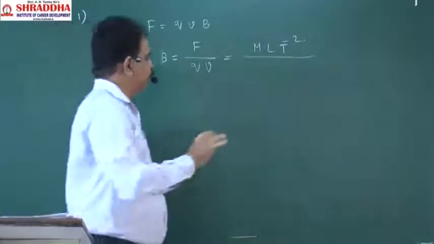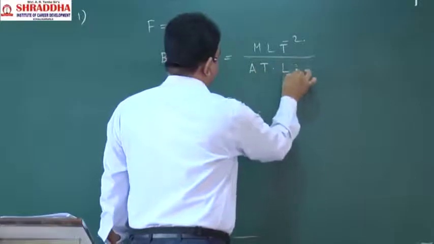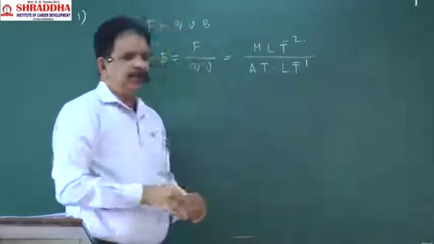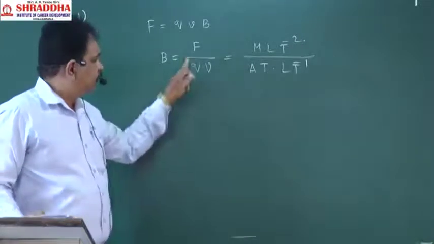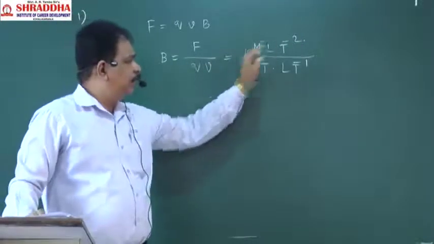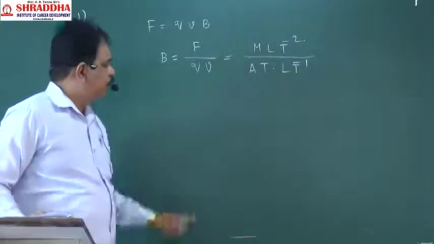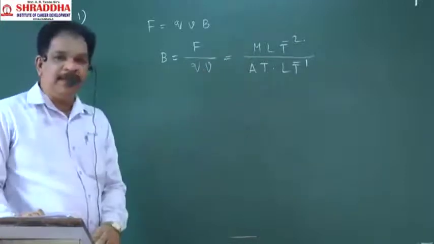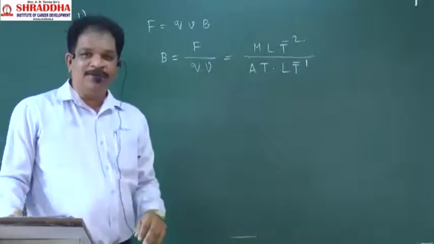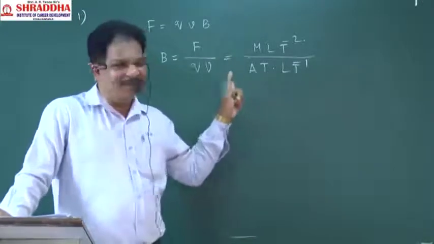Q value will be equal to AT. Velocity value will be LT power minus 1. Is it clear? Force dimensional formula you know, MLT power minus 2. Charge dimensional formula you know, AT. You know or you don't know? You know, na? You practiced all.